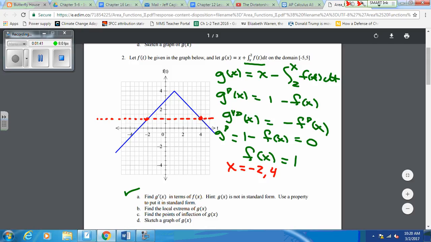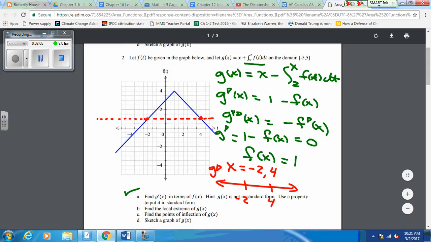Now, to determine max or min, I need a number line. And so I need to look at the sign of g prime. And since g prime is 1 minus f of x, g prime will be negative whenever f of x is... careful. Take a number less than 1, plug it in.